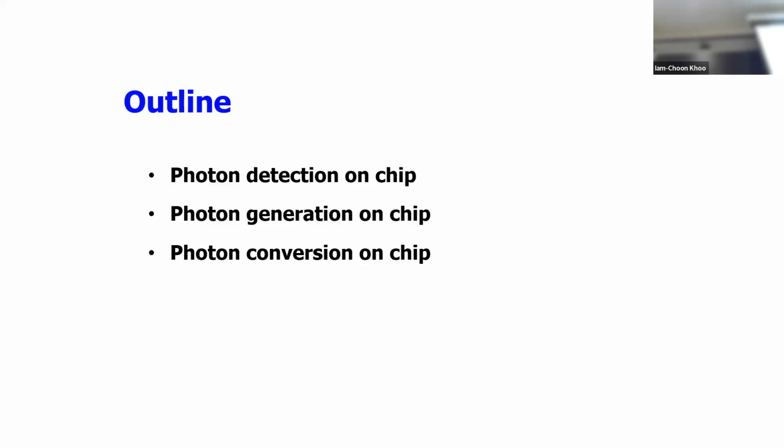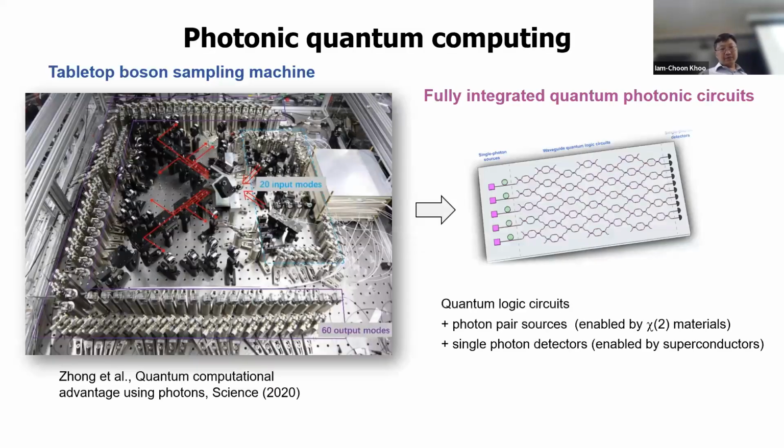We also need to convert the photon from one color to another color without destroying its quantum coherence. So that's what I'm going to tell you a story about, how we can achieve this goal with integrated photonic chips. Let me start by talking about photon detection.